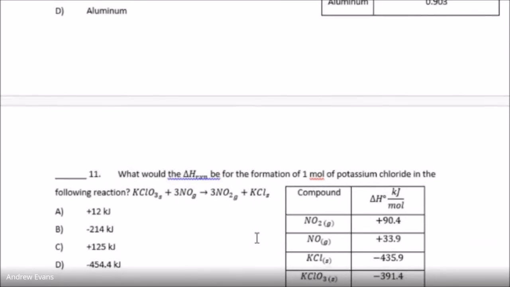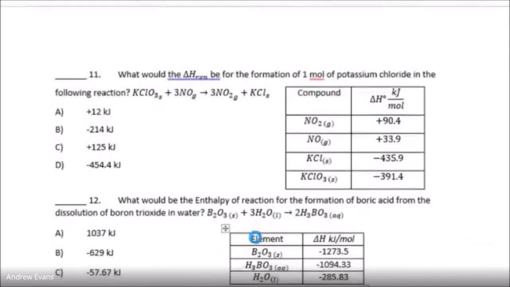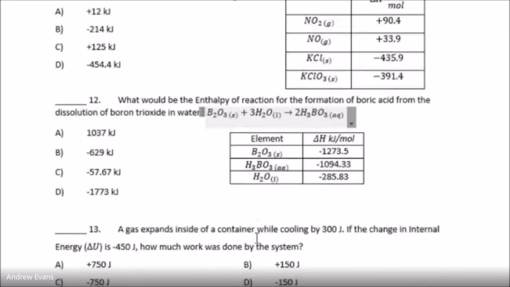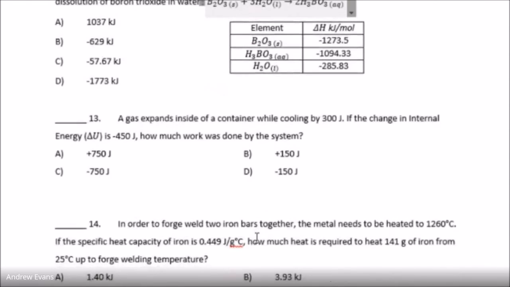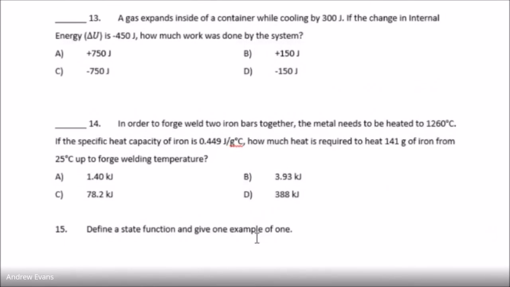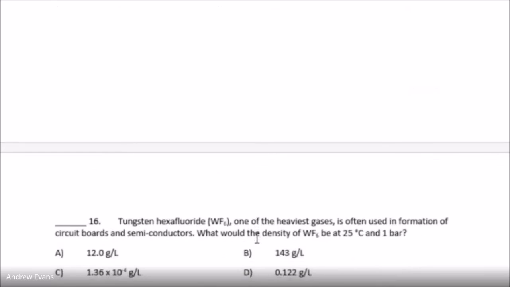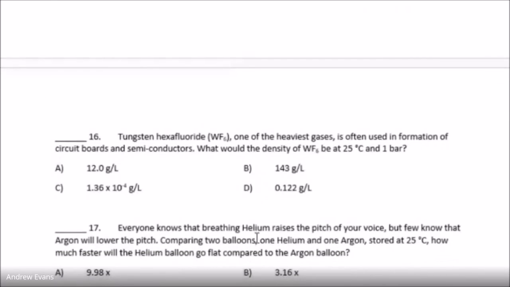Delta H of reaction problem. Delta H of reaction problem. Here's the internal energy problem. Heat capacity problem. Question about what it means to be a state function. Here's the density of gas problem.